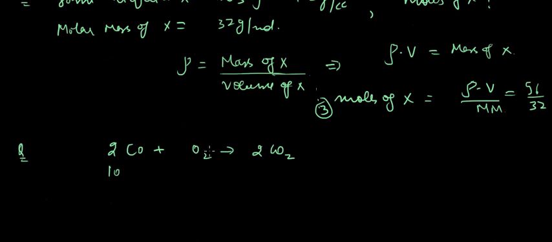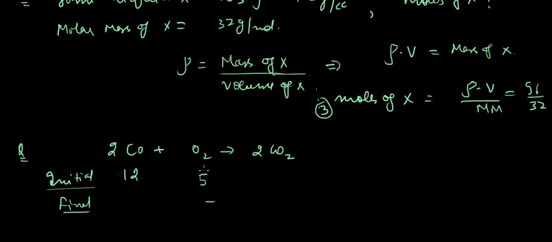But let's say in this case we have 12 moles of carbon monoxide and we have 5 moles of oxygen present. This is the initial phase, and what would be the final phase?